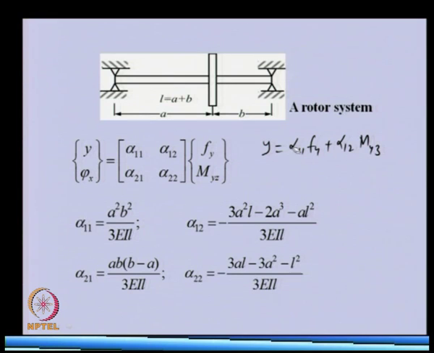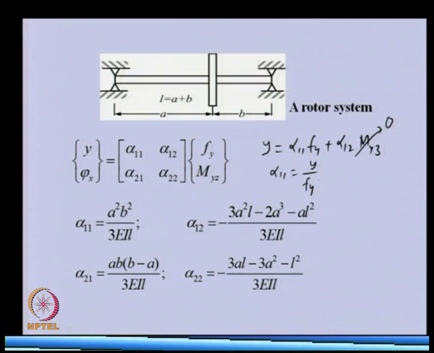So, alpha 1 1 is nothing but the linear displacement of the disc for a force F y, keeping the moment equal to 0. Basically, alpha 1 1 is the linear displacement divided by the force at the same location.